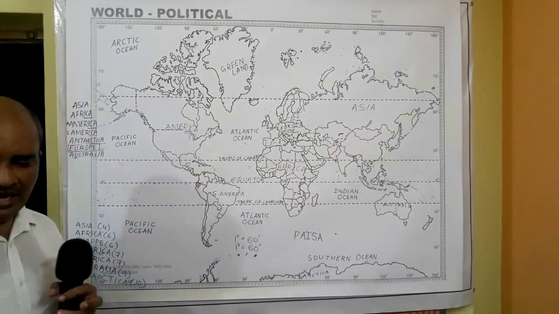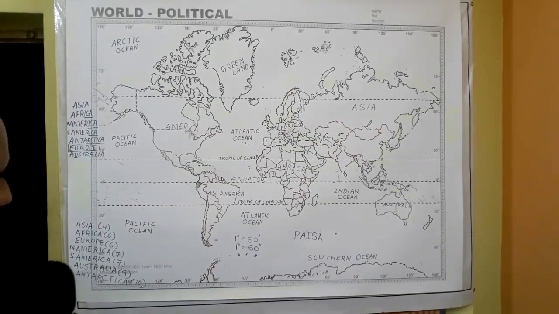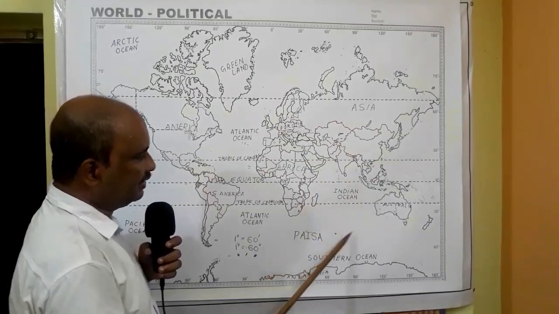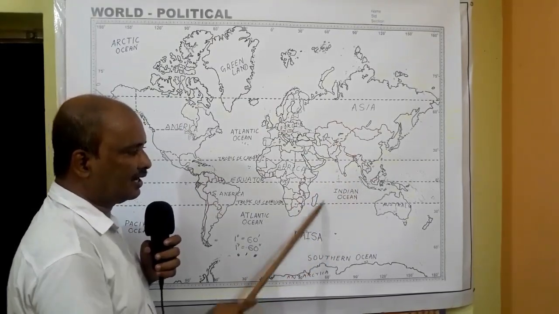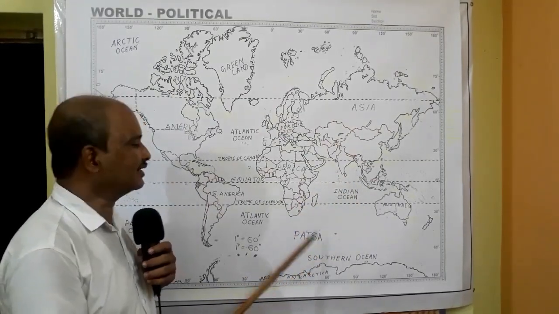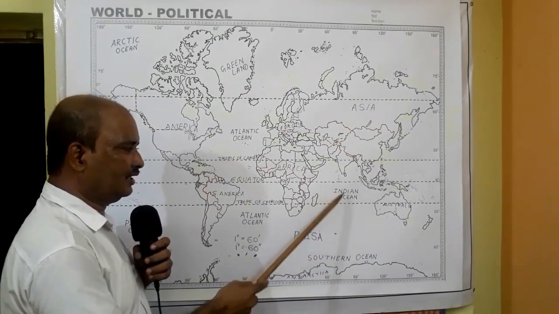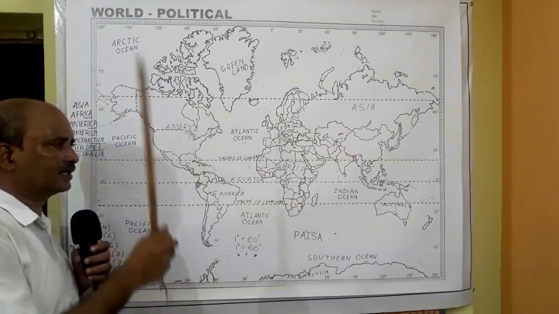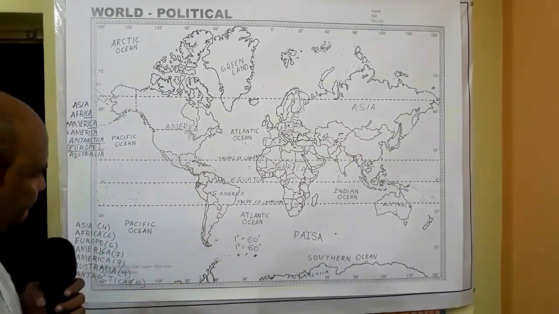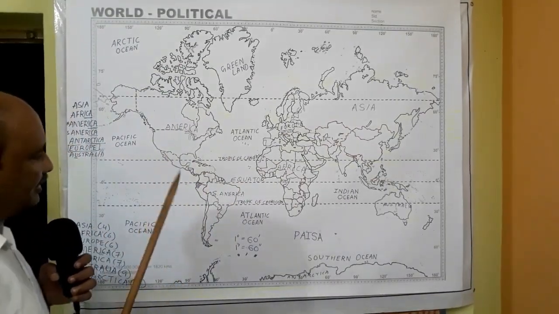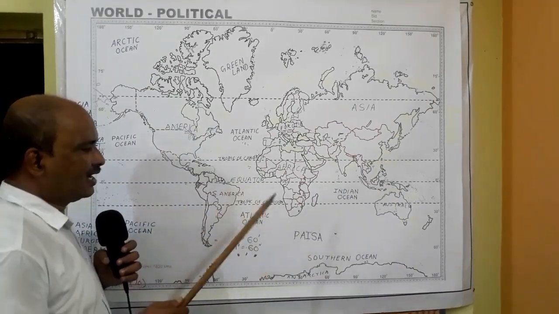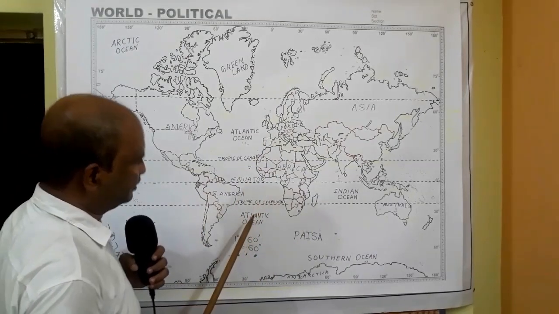And interestingly, it is the only ocean named after a country, and I think you have understood, it is the Indian Ocean, the only ocean named after a country. That is interesting. At the same time, we have two more names in connection with India.